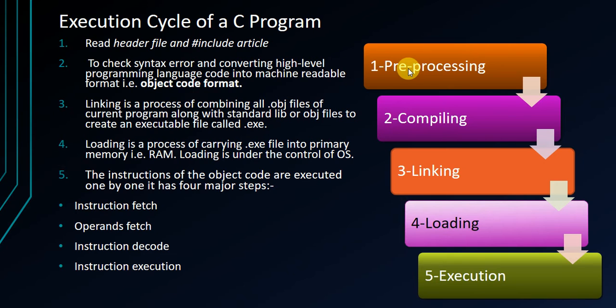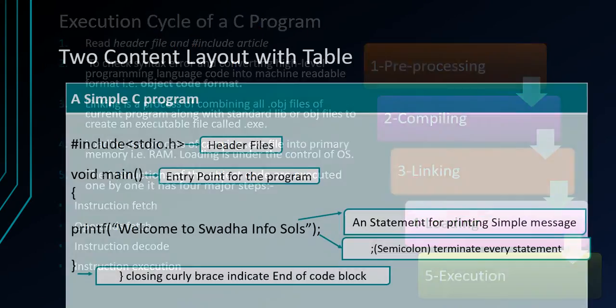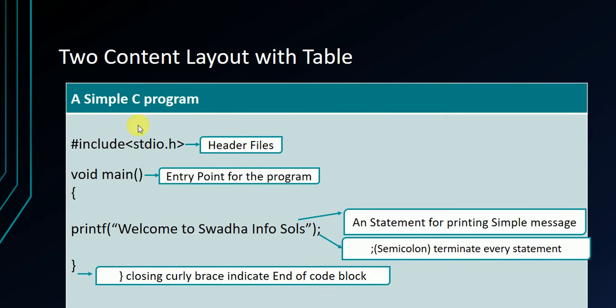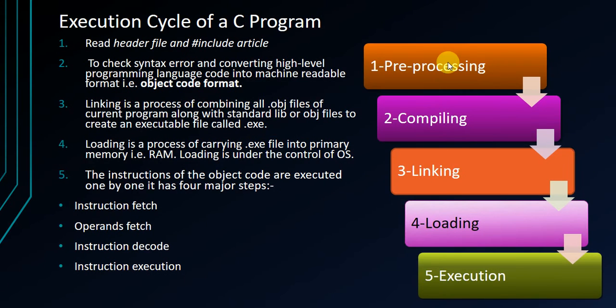The first step is pre-processing, and in our previous slide we discussed hash. Hash indicates the preprocessor directive. It means the first step is pre-processing, which reads header files and hash include directives.